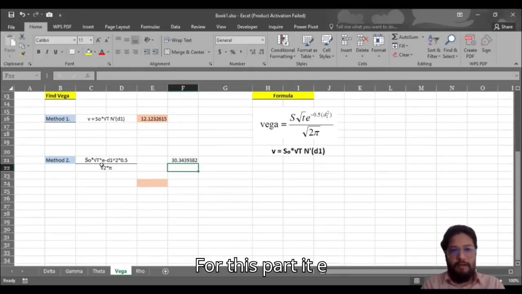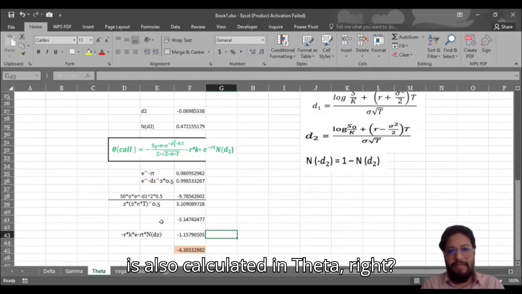For this part, e to the power minus D1 square times 0.5 is also calculated in theta, right?